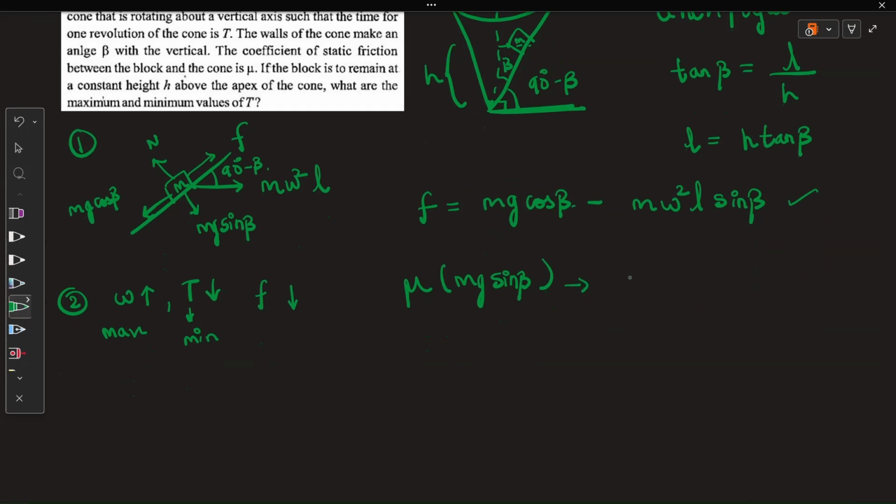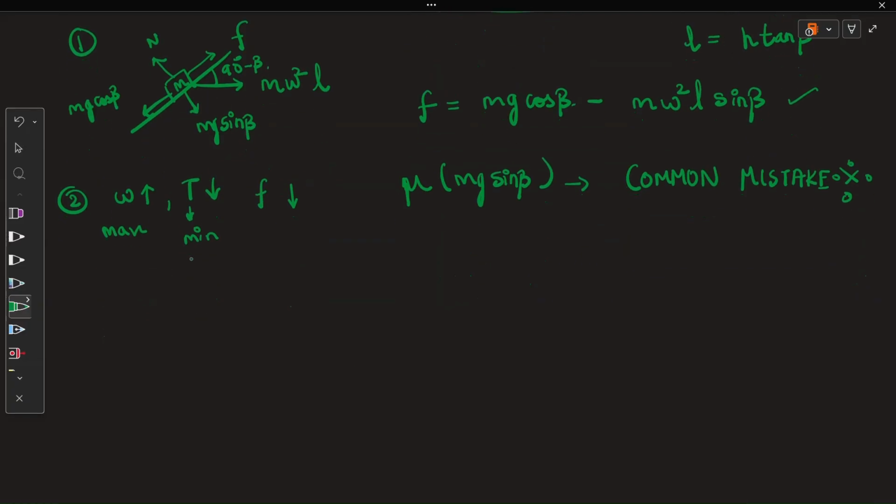So this is a common mistake where people will not consider the component of centrifugal force. So you should not do it. This mistake occurred even to me during my JEE preparation. Now, what is the friction force?